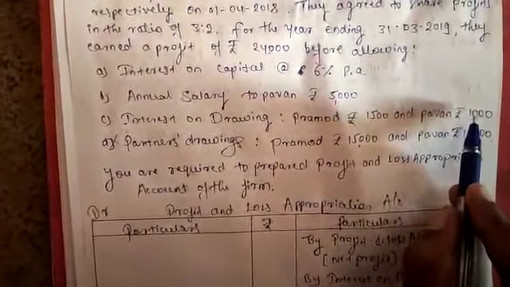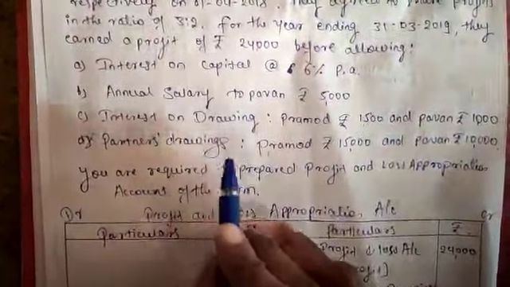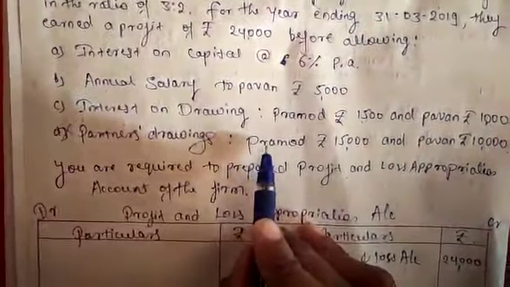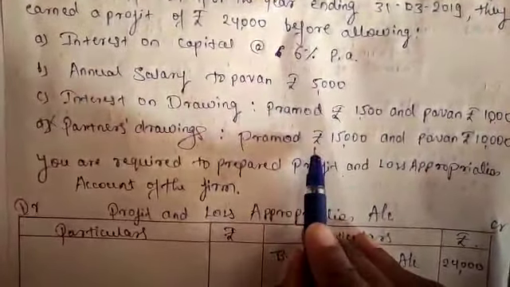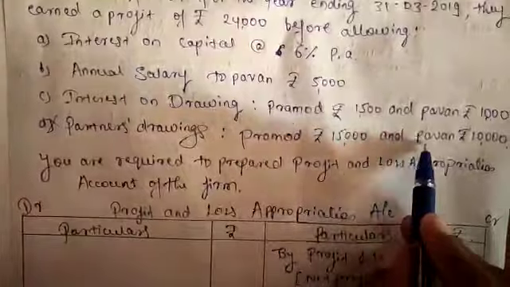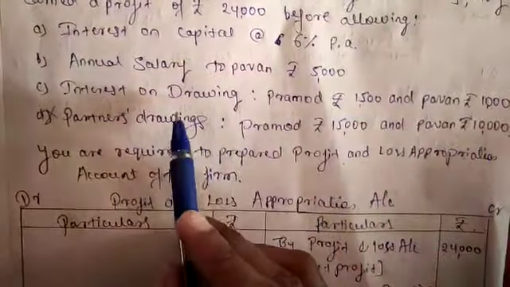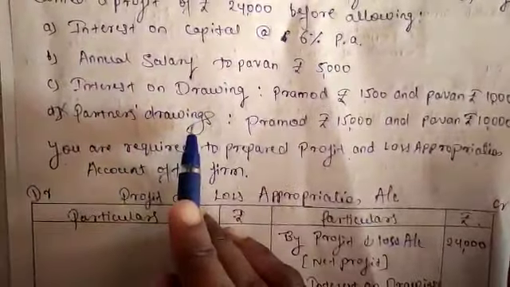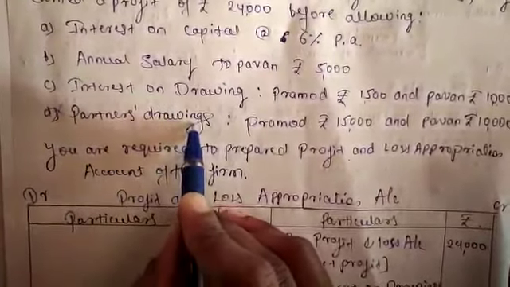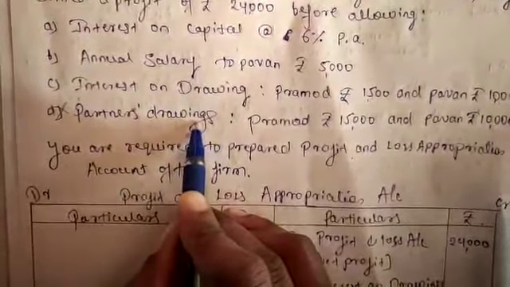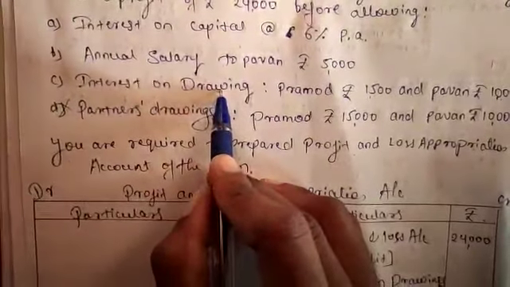They have given it directly, and they have also given partners' drawings, Pramod rupees 15,000 and Pawan rupees 10,000. When they give both interest on drawings and partners' drawings, you ignore the partners' drawings and only take interest on drawings.